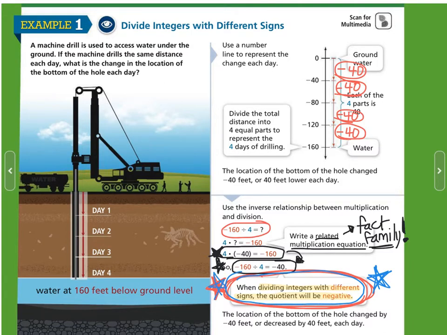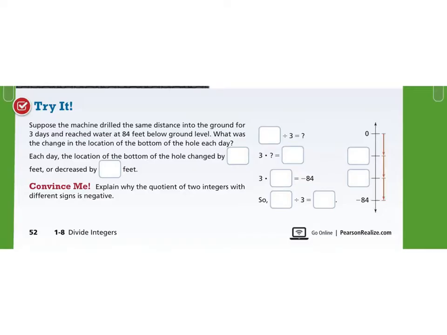When you're dividing integers that have different signs, the answer is going to be negative. But notice how you don't change the way you're dividing. You simply apply the sign to your answer. Now complete the try it. Come back to check your answer when you are finished to see if you did it correctly.